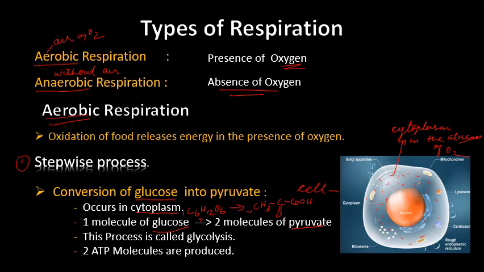The conversion of glucose into pyruvate is called glycolysis, that takes place in the cytoplasm. So when the food gets assimilated inside the cell, here itself in the matrix itself, this conversion of glucose into pyruvate, that is glycolysis, takes place, for which there is no need of oxygen. And in this process, 2 ATP molecules are produced.